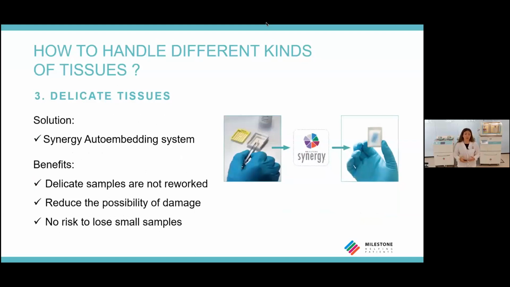How can we try to solve these three problems that we saw with the delicate tissues? A tool that can help in this case is Synergy, the Milestone auto-embedding system. Through the auto-embedding, it's possible to handle these delicate specimens only once, and this reduces the risk of damaging them, as the orientation procedure is performed prior to the processing step, when the tissue is more flexible.